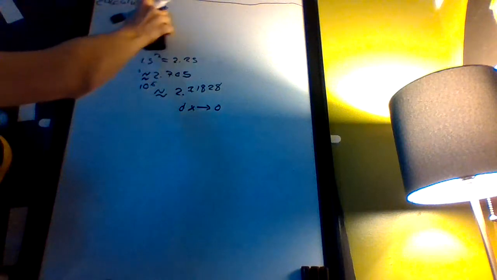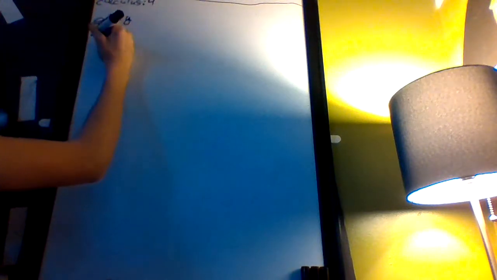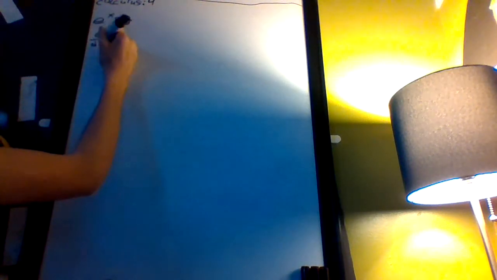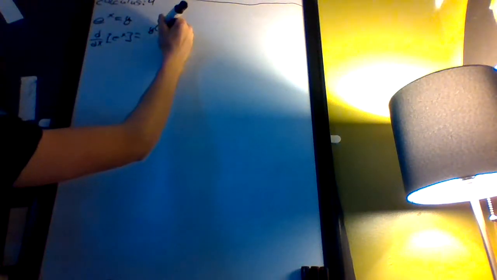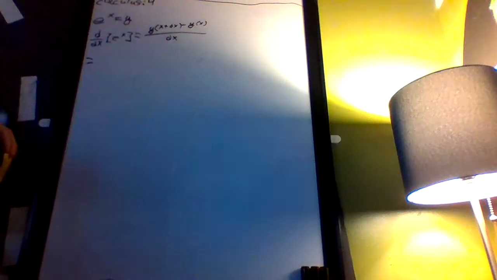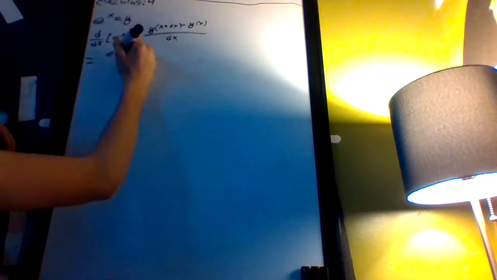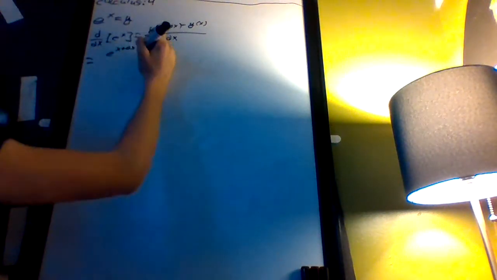When we're talking about the derivative of e to the x, well, we know the equation for the derivative. It's y of x plus dx minus y of x divided by dx. This will get us somewhere. Well, x plus dx is going to be e to the x plus dx, right?